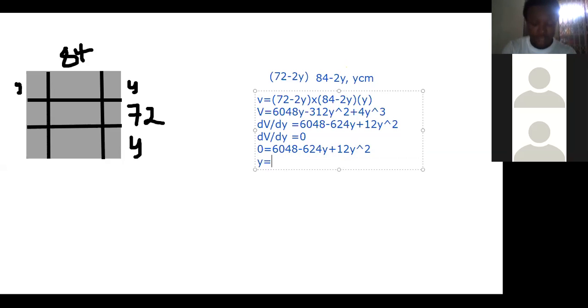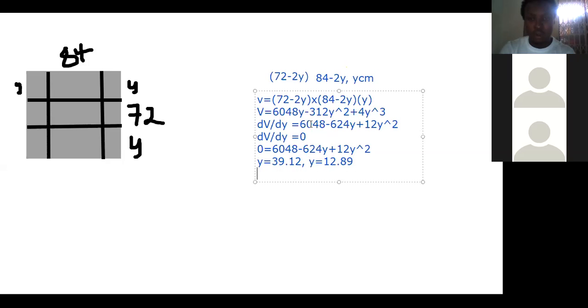When you use your calculator, y should be equal to 39.12, and y will also be equal to 12.89. We want to know whether they are maximum or minimum values.